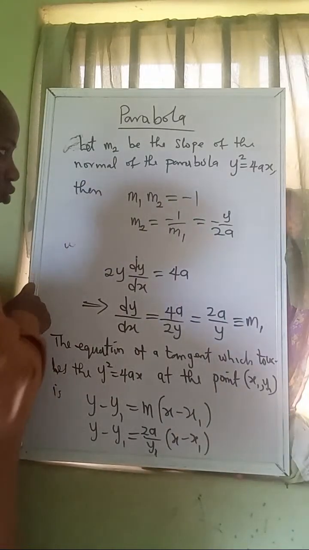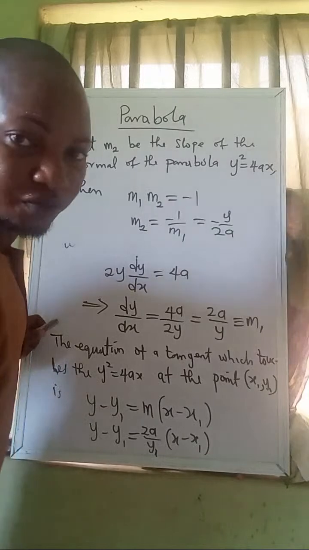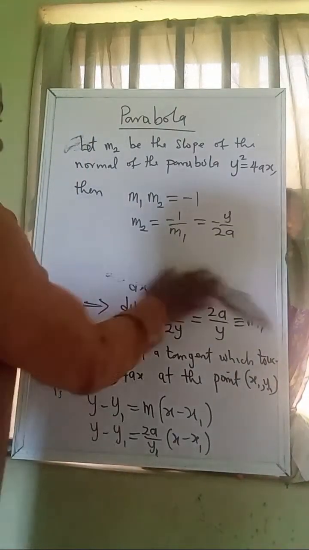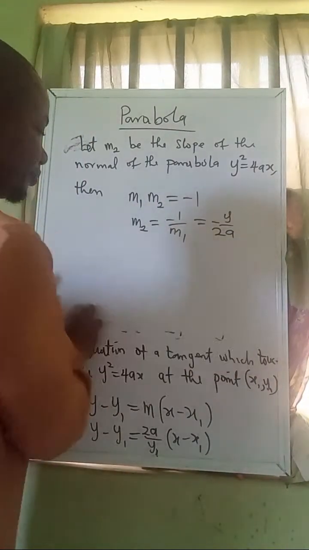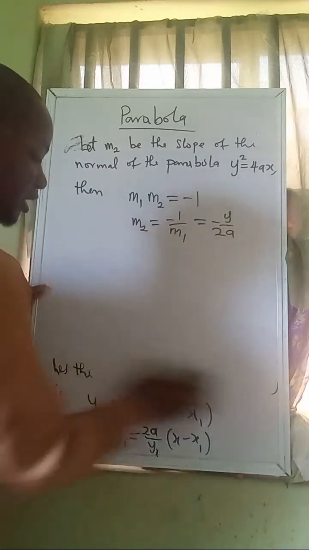With this, we can now get the equation of the normal to the parabola. So let's quickly look at this.